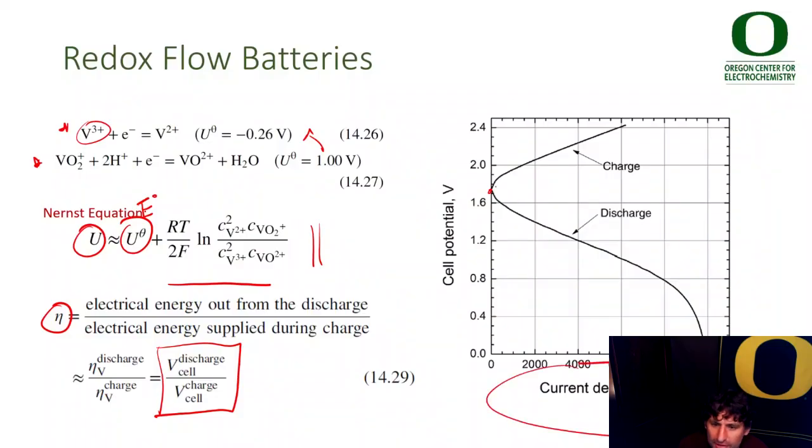If you have very small current densities on your electrodes, then you get very high efficiencies. And if you go to large current densities, then your efficiency might drop to only about 50%. Notice the charge voltage is over twice as high as the discharge voltage. So only about half of the voltage you put in do you get back out if you run it at these higher current densities. Here are about 6,000 amps per meter squared.